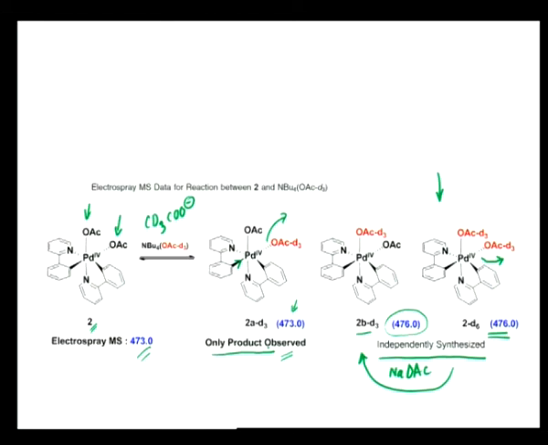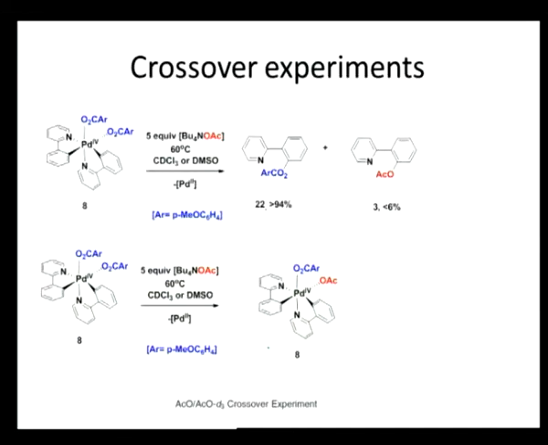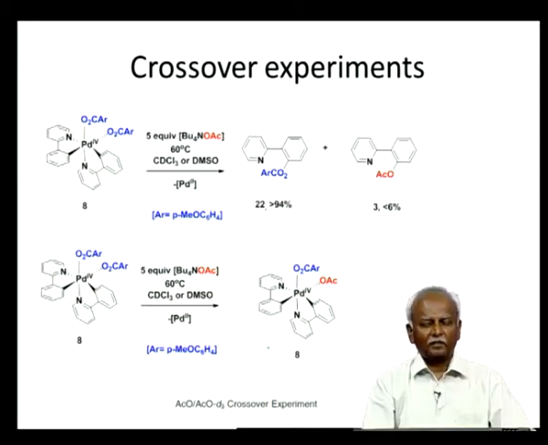The palladium 4 complex has got one acetate which can be removed and replaced, but surprisingly that was not helping the reaction. So, they also showed that the acetate which was left behind, which was not exchanging, was the one which was doing the carbon oxygen coupling. So, here is a crossover experiment they carried out.